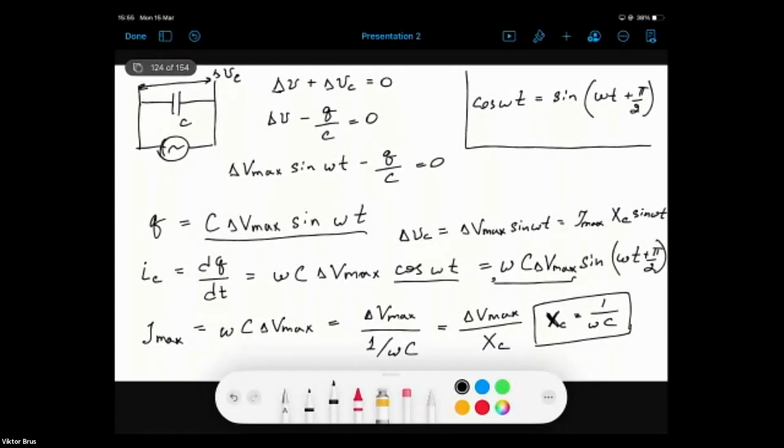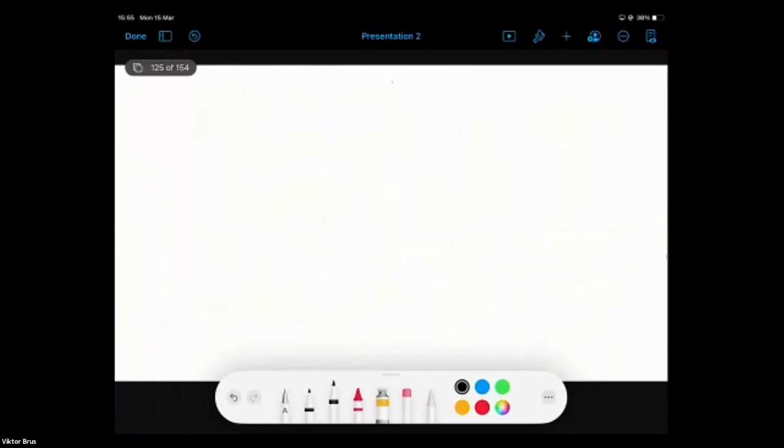So first of all, let's write it here. XC is equal to 1 over omega C. Let's consider some extreme case when omega is equal to 0, then XC is approaching infinity.